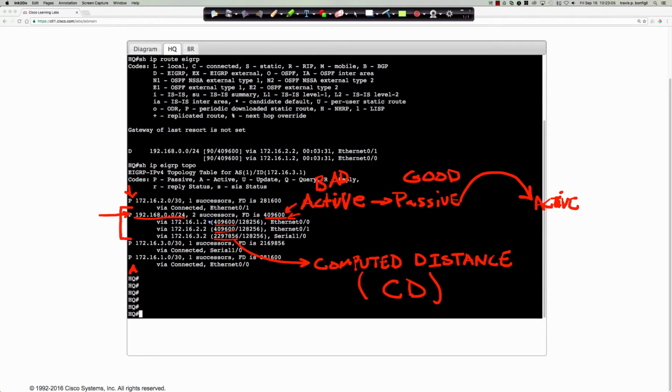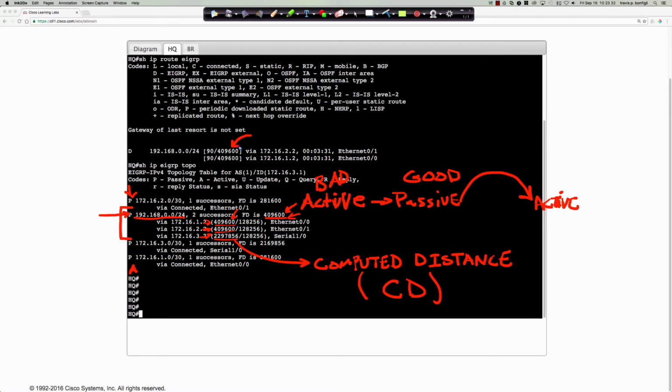However, these values here, the computed distance, those values can actually change. And as long as they change in a subtle fashion, subtle enough so that they don't force the successor route into the active state, you will see the computed distance values can actually change, and they change on the fly.